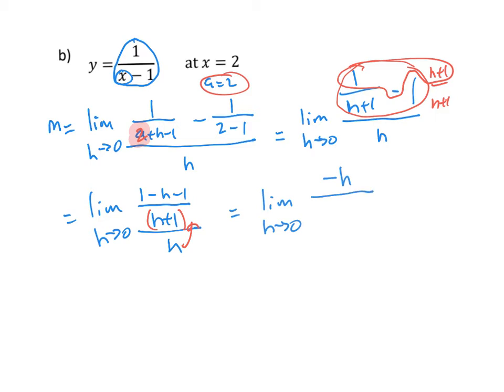So on top I have negative h, and on bottom I have h times (h plus 1). And that's great news, because these h's will cancel, and there's just a negative 1 up top. And now when you plug in 0, you get negative 1 over 1, which is negative 1. So the slope for this function at 2, gosh darn, I did it again. The slope for this function at 2 is negative 1.